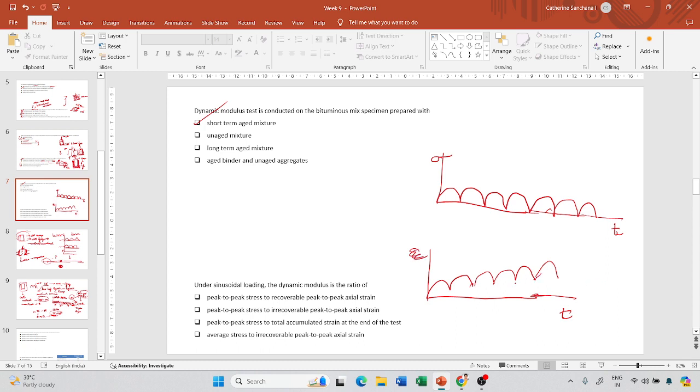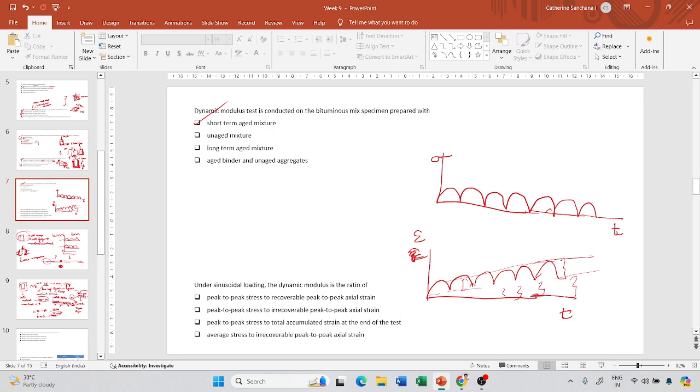This is going to be my strain response. There is going to be an irrecoverable strain at any point in time, and this much is my recoverable strain.